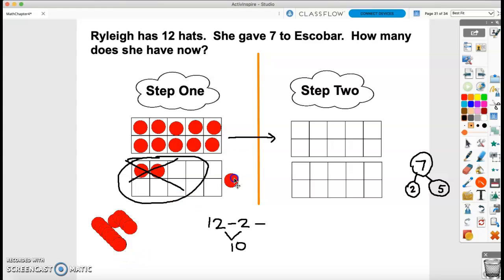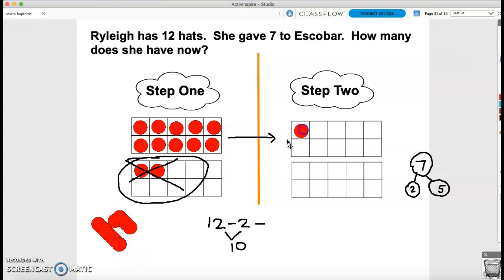So let's grab the 10 that we start with. We have already subtracted 2. Let's fill this up. And 2 more to make 10.